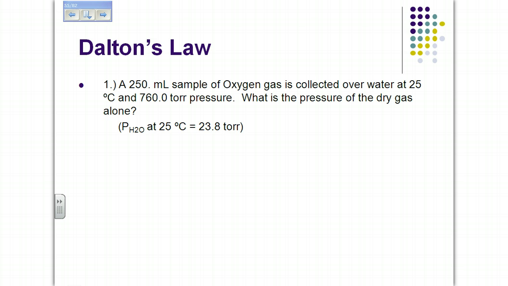If we look at this problem, we want to look at a sample of oxygen collected over water at 25 degrees Celsius and 760 torr. What is the pressure of the dry gas? Here we have our total pressure, and that total pressure is going to equal the pressure of the dry gas plus the pressure of the water.